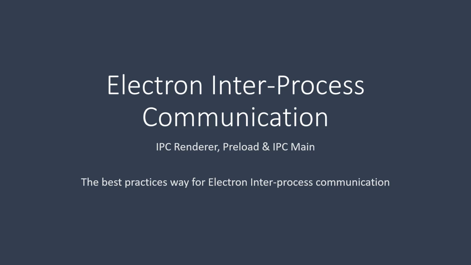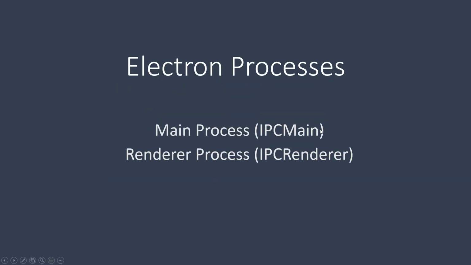First, a little bit of background. Electron is divided in two processes. Any standard application that you make in Electron has a main process and a renderer process, and these two processes have completely different responsibilities. The renderer process is responsible for all the display portions of your application: the interface, how it behaves on the front end.